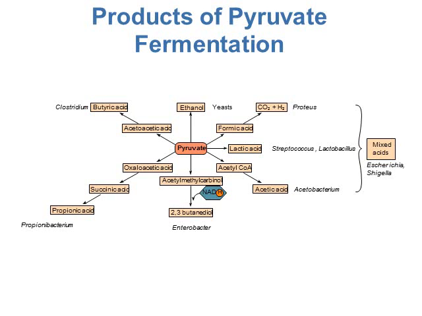So if your pyruvate gets converted into ethanol, you probably have a yeast that you're growing. If the pyruvate gets converted into, let's go to the bottom left, propionic acid, you probably have a Propionibacterium.